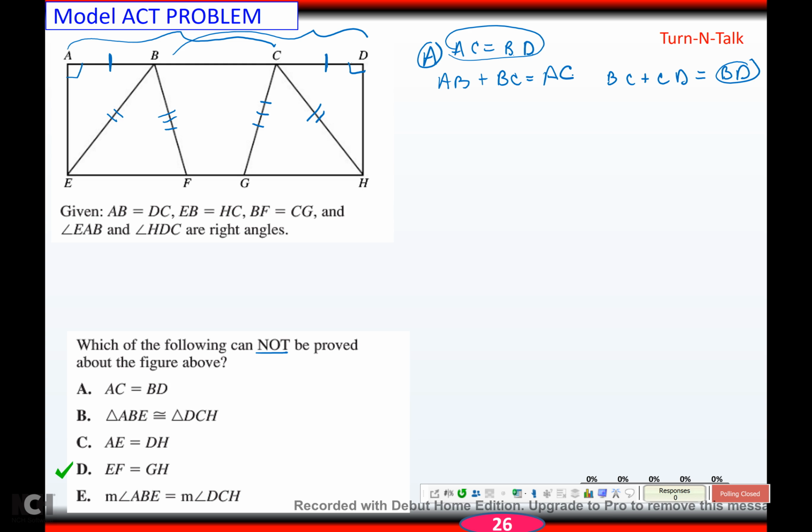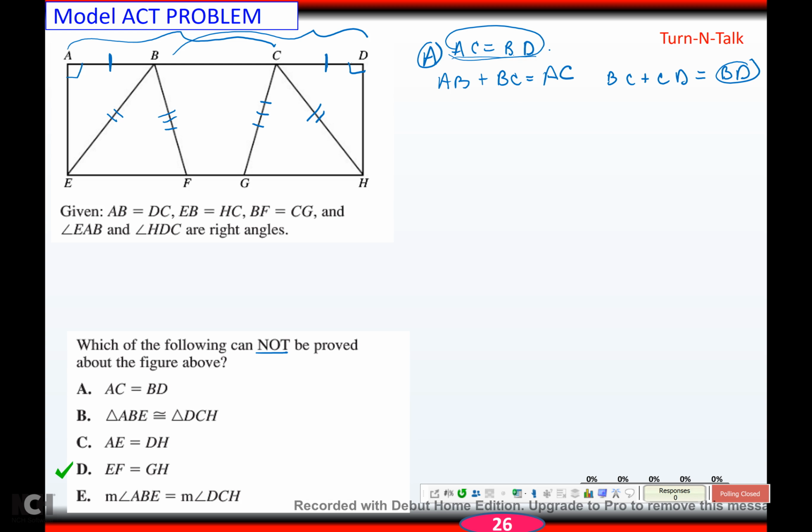What did I do? I'm trying to think of what I did. I think I used this and wasn't sure.